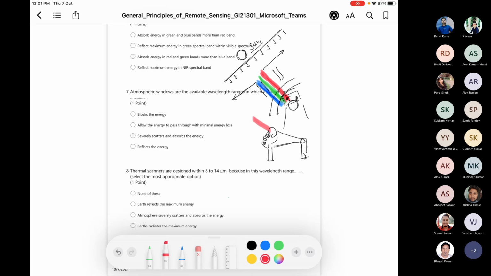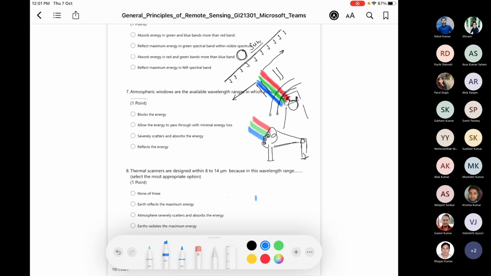When these three bands interact with the vegetation, obviously there are also bands outside of the visible spectrum, but they are not sensed by the eyes. Further, they are reflected back.